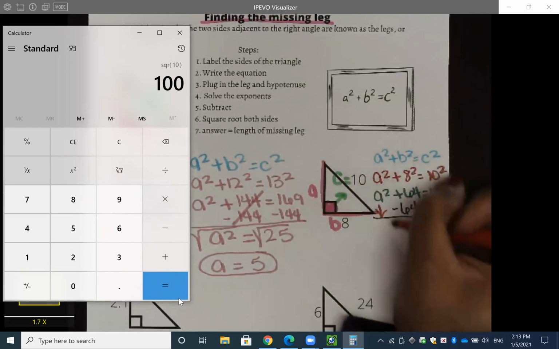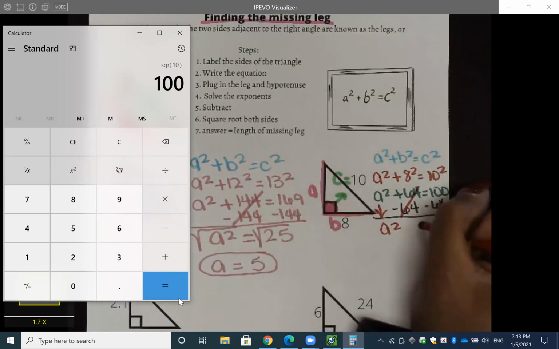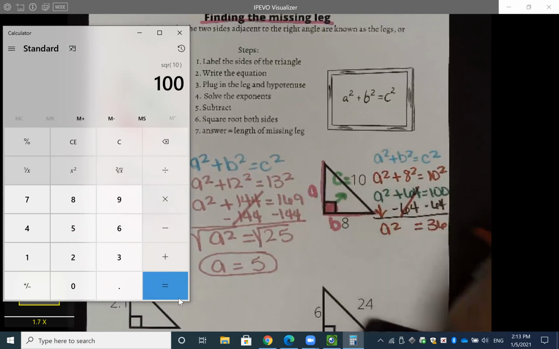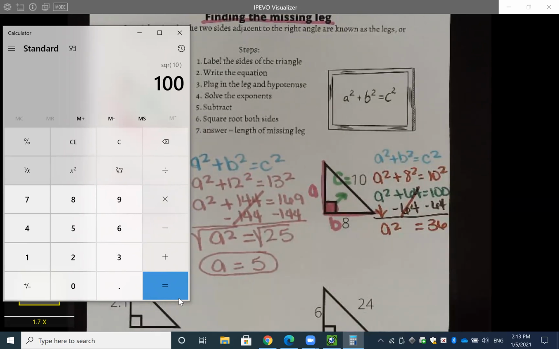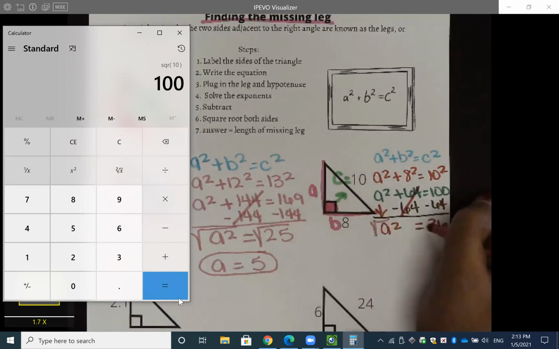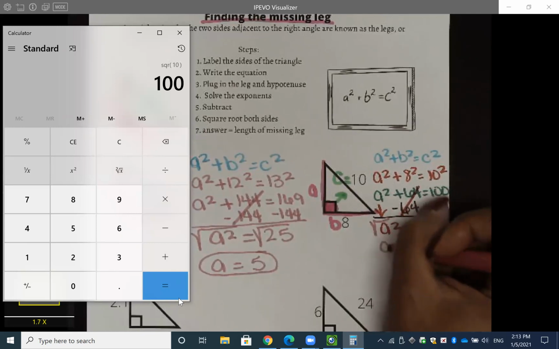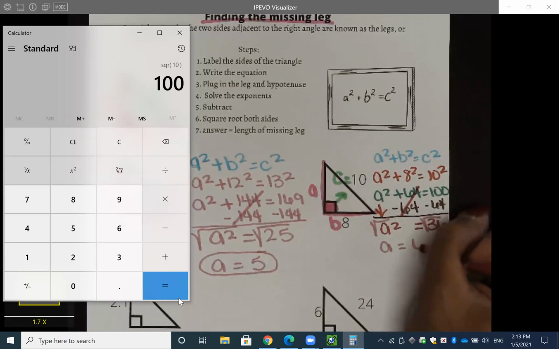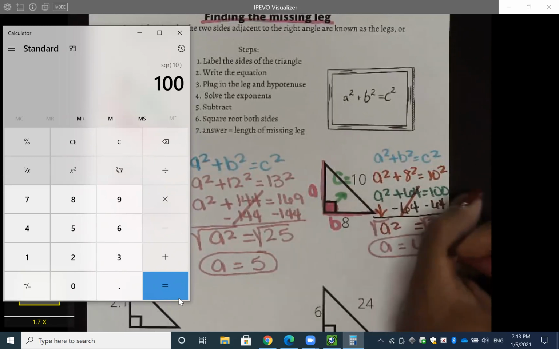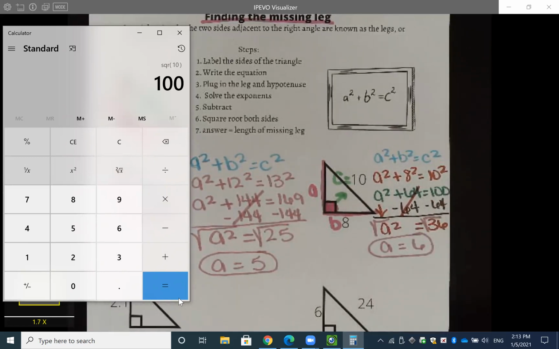Bring down my a squared. The 64's cancel out, and 100 minus 64 equals 36. I am going to take the square root of both sides. The square root of a squared is a, and the square root of 36 is 6. So there we go.